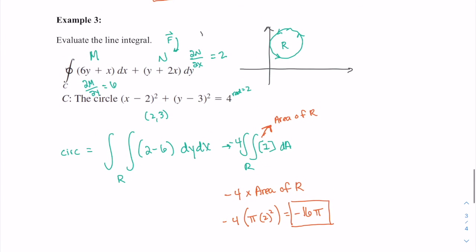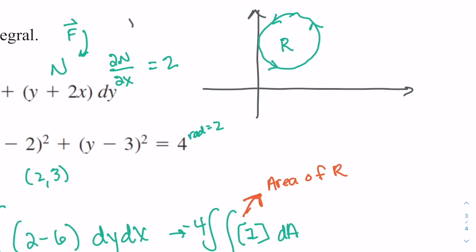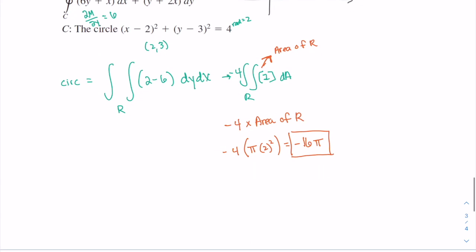This would have been relatively hard to write as an area double integral because the tricky part is that this region is not centered at the origin. It's definitely possible, but because it's not centered at the origin, it would have been quite a bit trickier.